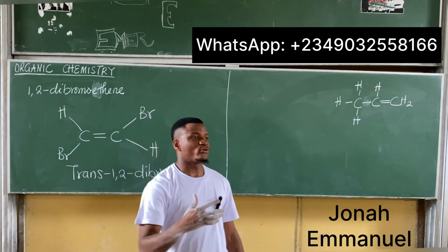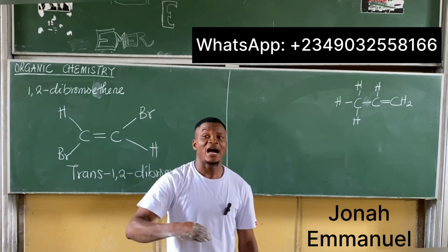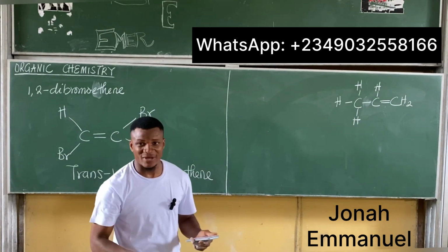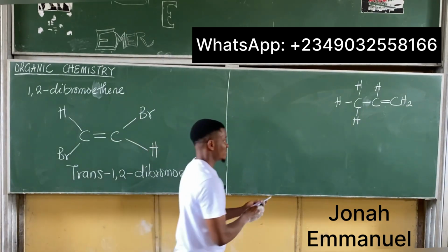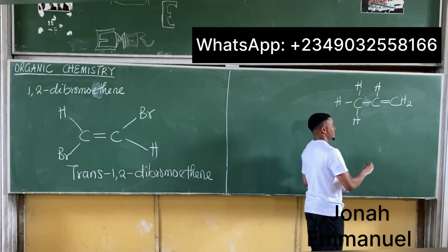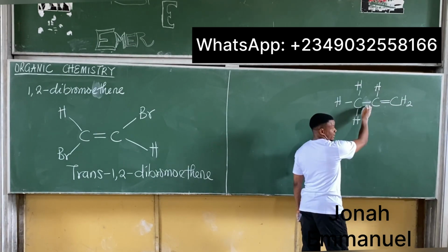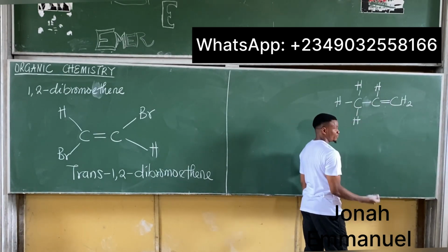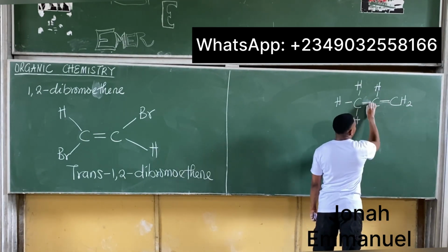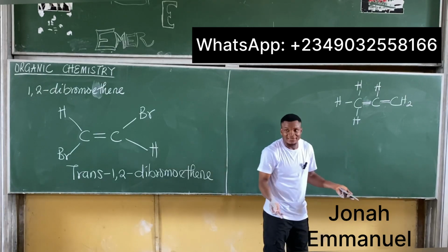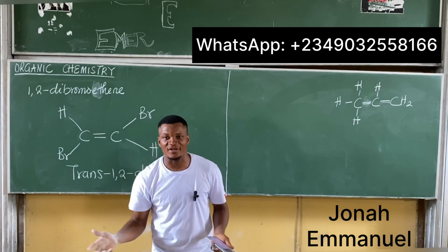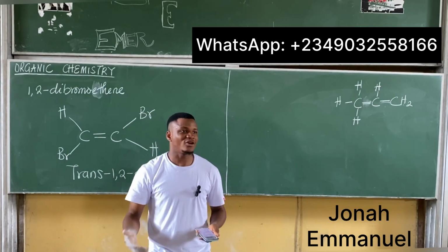If you say one propene, it means I'm expecting a two propene. And technically, two propene cannot exist, because there are only two possible positions for my double bond, either here or here. At this point it is propene, or as you say, one propene. If I choose to move this one here, it still becomes one. So there is no two. So it is better called propene instead of one propene. Don't stress the one because there can be no two.